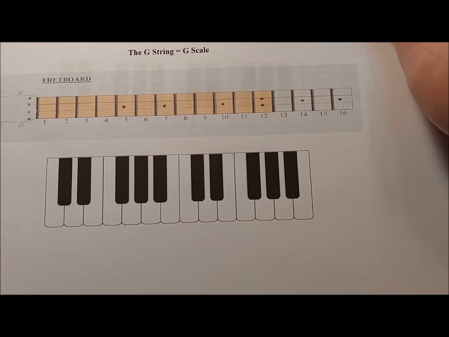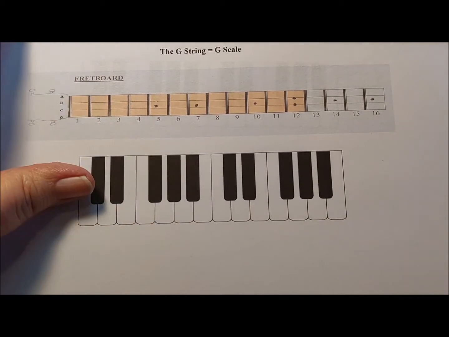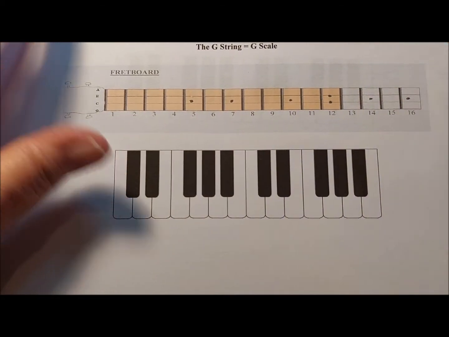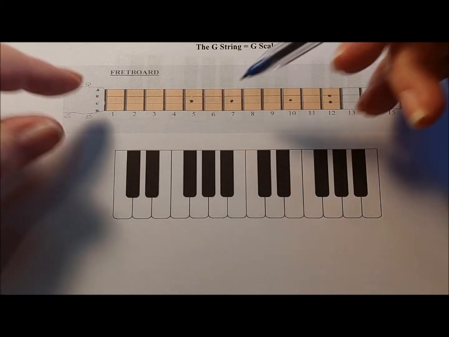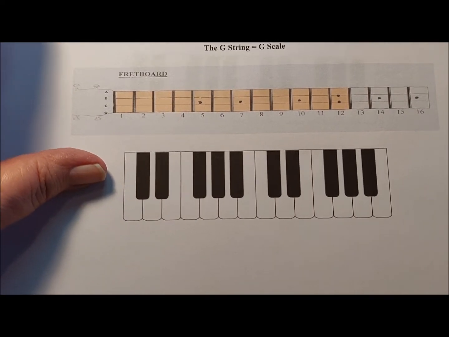Okay, let's bring the keyboard to the fretboard. The fretboard is also made up of half steps, just like on the piano. But there are no black keys to keep us on point, so it's a little harder.